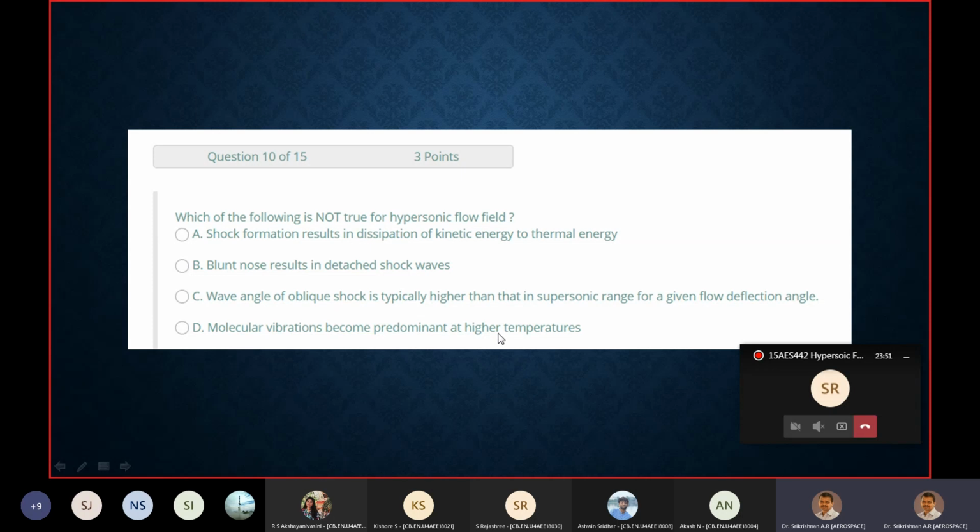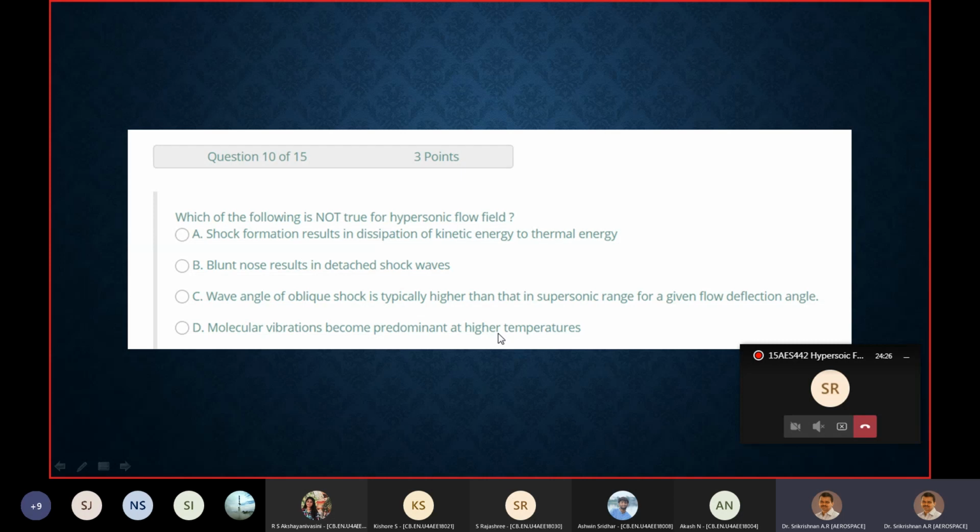At standard atmospheric operating conditions, they are not significant in terms of the contribution to the overall energy, but from say 800 Kelvin onwards, molecular vibrations in gases have higher significance. So at higher temperatures they become prominent. That is correct also. Whereas option C says wave angle of oblique shock is typically higher than that in the supersonic range for a given flow.